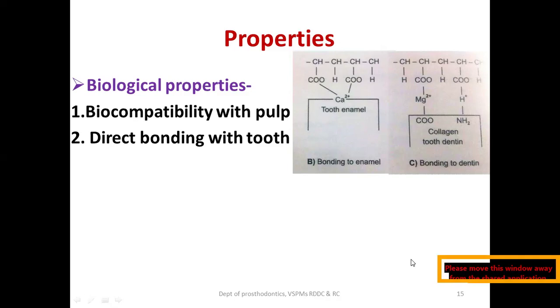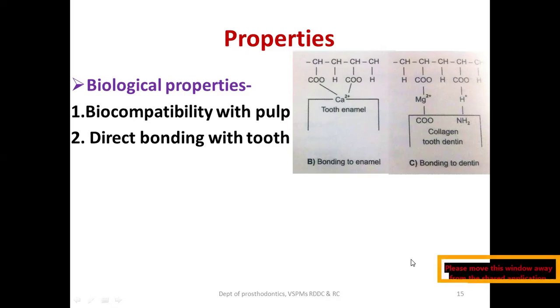But as the size of the polyacrylic acid is 25,000 to 50,000, it is difficult to penetrate the dentin tubule. So it will limit the diffusion of this liquid through the dentin tubule, and there will not be any reaction or irritation to the pulp.